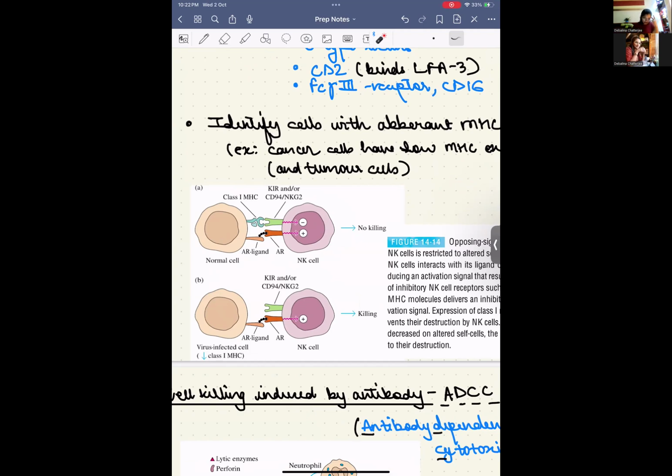So binding of this MHC class 1 occurs with the inhibitory set of receptors. If you have a normal cell, there will be normal display of class 1 MHC molecule. The stimulus is given to the inhibitory receptors, and there is no activation signal.